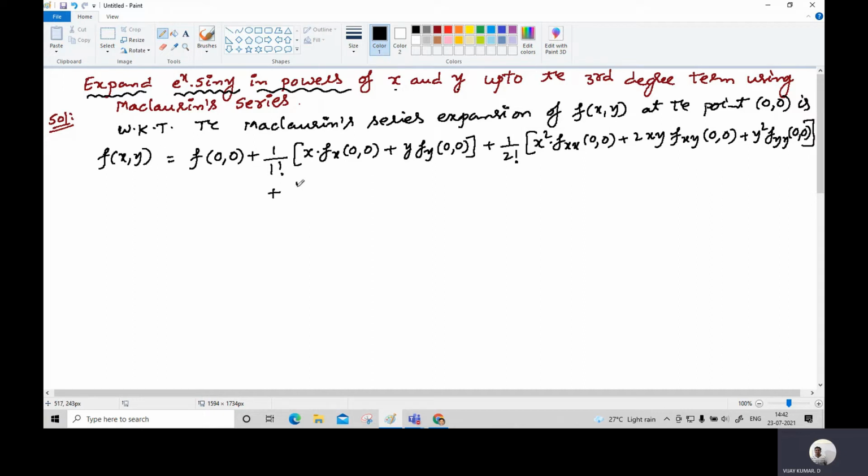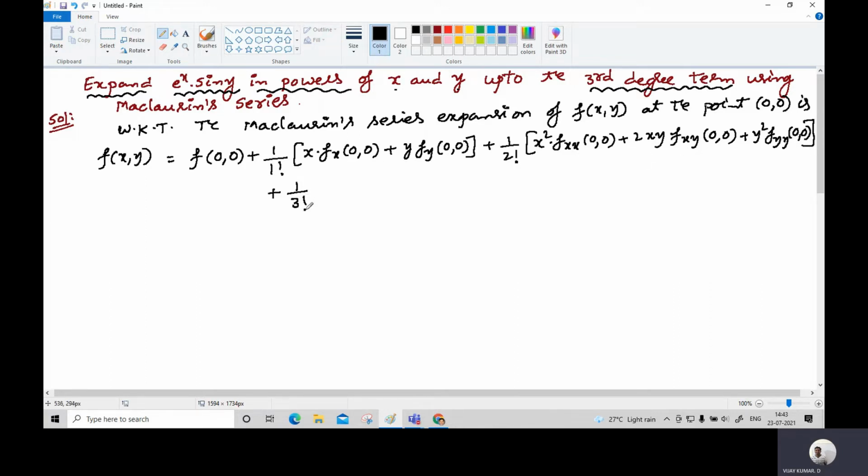Plus, please write the next term also, because here we have to find the series expansion up to the third degree term. If third degree is not particularly asked, then you can take 1 by 2 factorial, second degree term is enough.